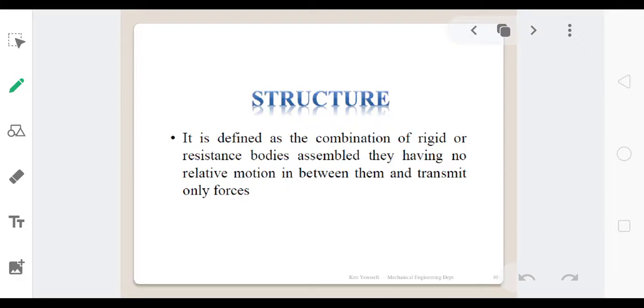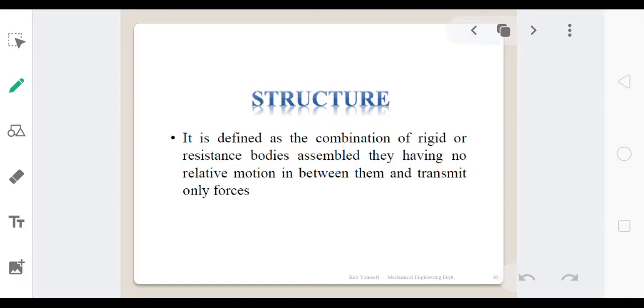If we use such rigid bodies to form one particular assembly, that assembly does not have any relative motion. We can use different steel channels. If we connect these steel channels with the help of a welding joint, that joint doesn't allow any relative motion between the different links.